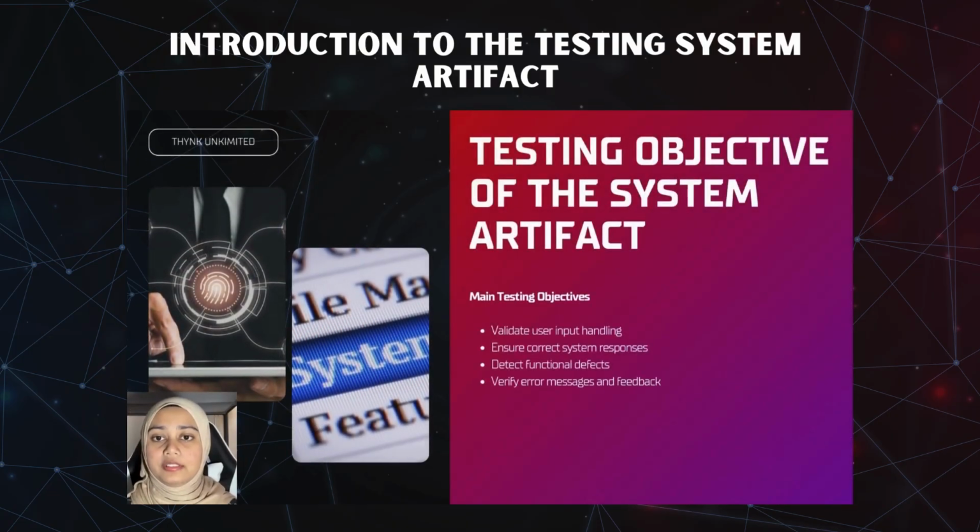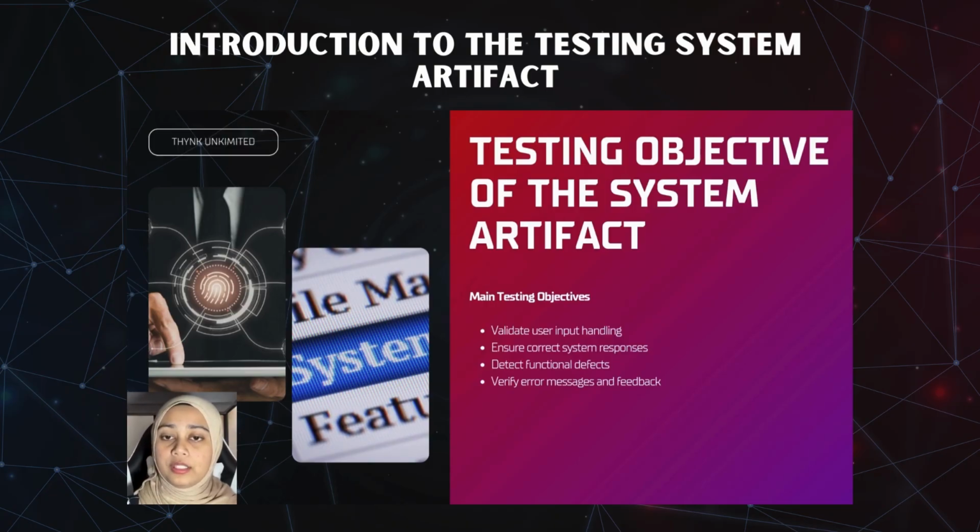Testing objective of the system artifact. The main objective of testing this system was to ensure that the application responds correctly to user input. This means that valid input should be accepted while invalid input should be rejected with appropriate error message or system feedback.